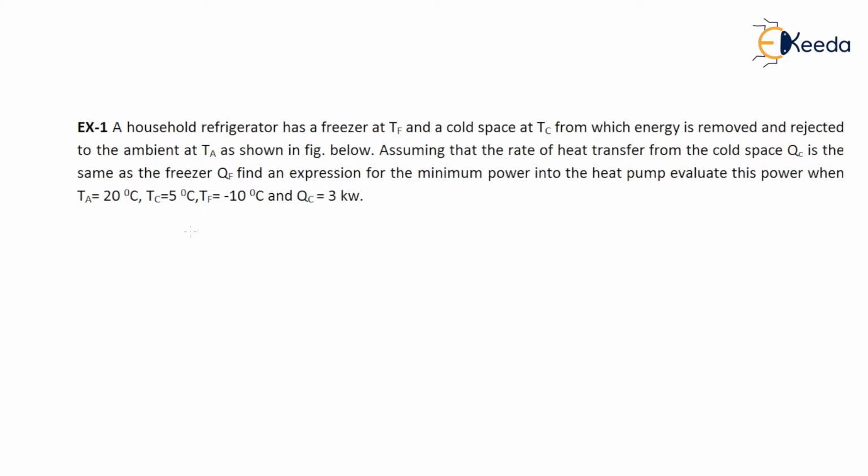Right? So first of all, as a regular routine, we draw a block diagram. So we find the minimum power into the heat pump. If we require minimum power input, the heat pump will operate with a reversible cycle.